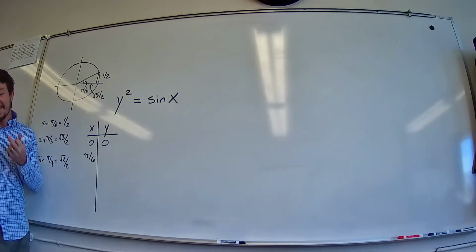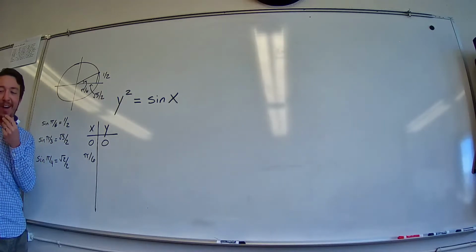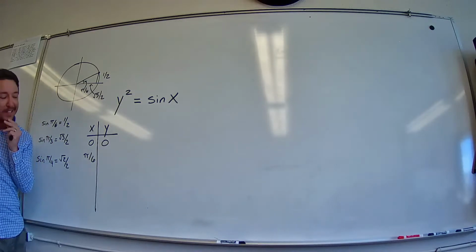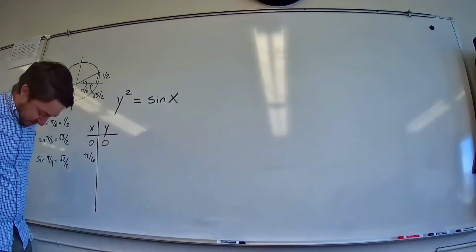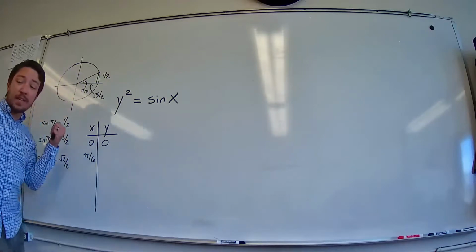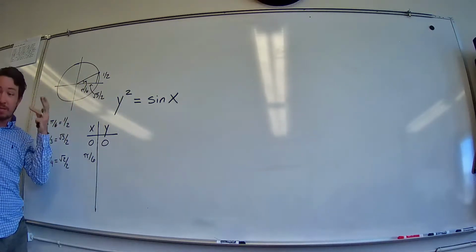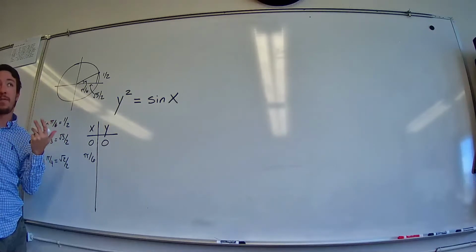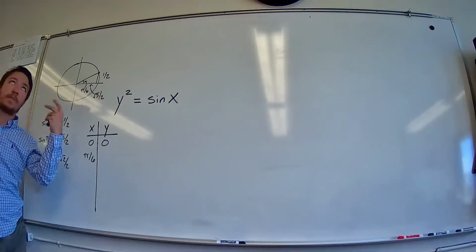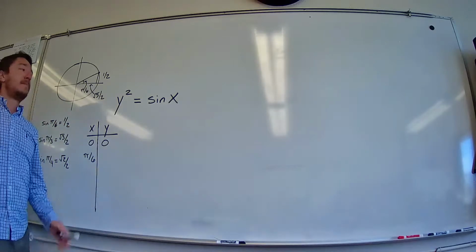I want you to be happy. This is your pre-calculus stuff that you should definitely know, and of course, you should also go in knowing the derivative of sine is cosine, the derivative of cosine is negative sine, all the basics.